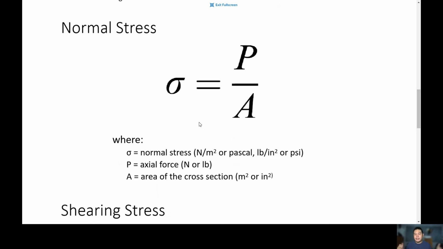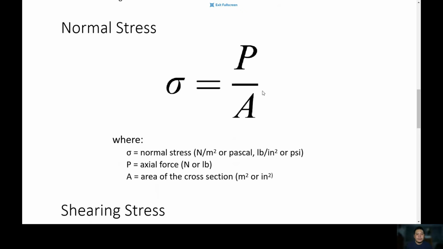So for normal stress, it is the actual force P, it might be in newtons or it might be in pounds. Again, during the conversion of units topic, we already discussed that these are the common customary units that we are using, newtons and pounds. And then the area of the cross section.